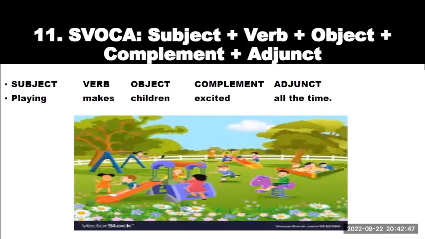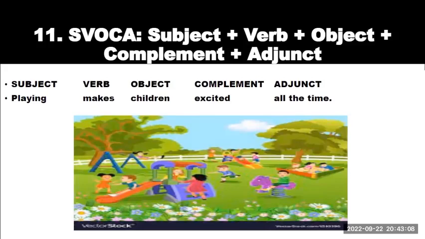For example, when we say the children are excited, that's a complement. But then excited is still a complement, but here it is the object complement. And what the complement does all the time is that it completes the meaning of the sentence. I hope this is clear.